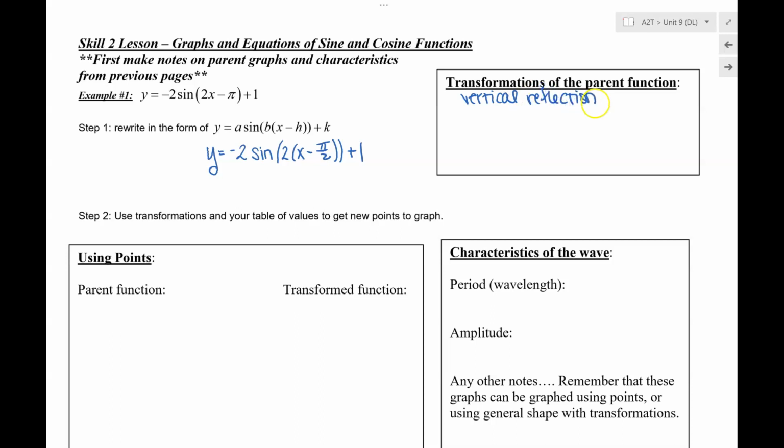That means that we have a vertical stretch. If you're wondering how that is possible, think of this as -1 times 2. Our b value is 2, so that means we're going to have a horizontal compression. h is pi over 2, so we're going to go pi over 2 units to the right. And k is 1, so we're going to go 1 unit up.